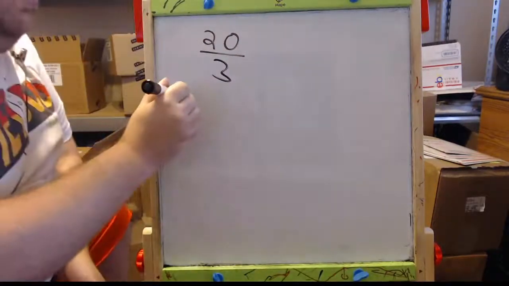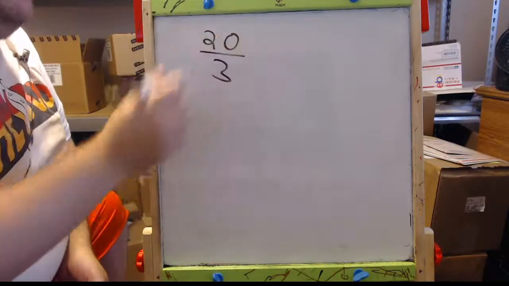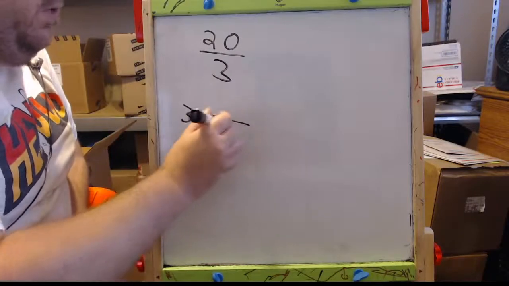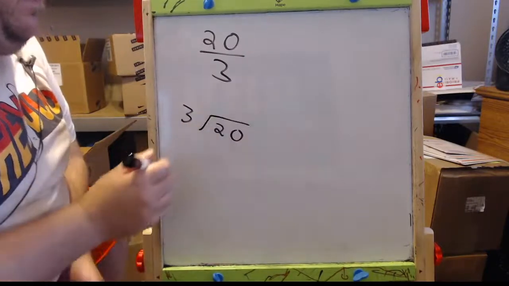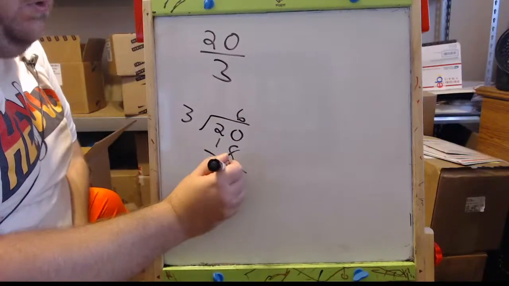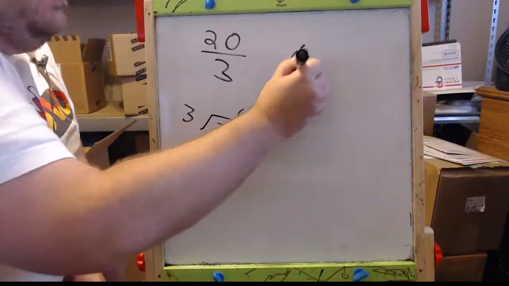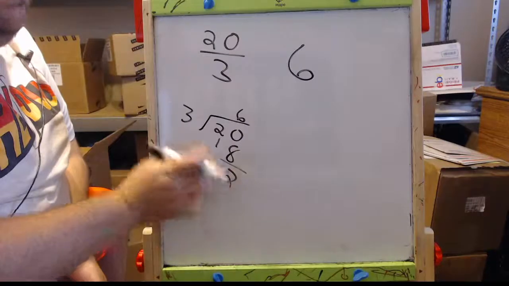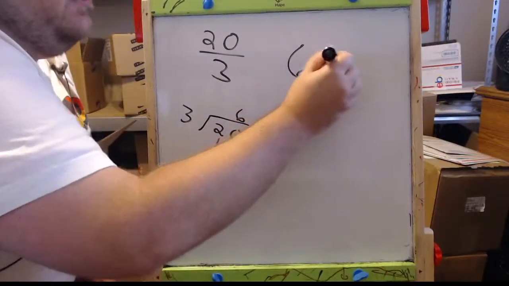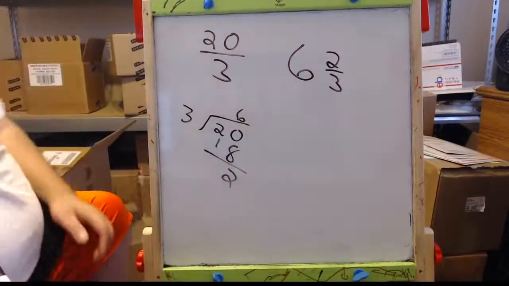What you're really doing is, how many times could 3 go into 20? So 3 goes into 20 six times. 6 times 3 is 18, with 2 left over. So 6 is the big number. Then take your remainder and put it over your denominator. So 6 and 2/3 is the way to do it.